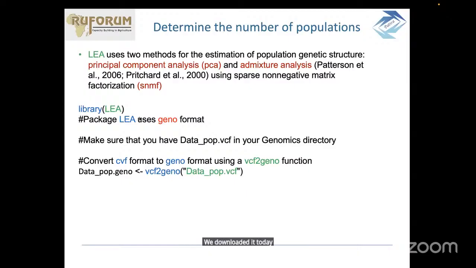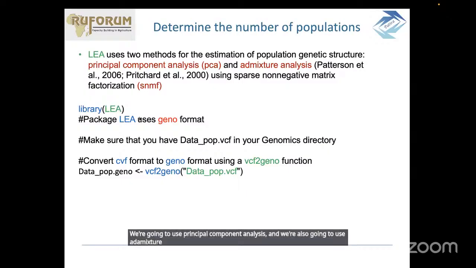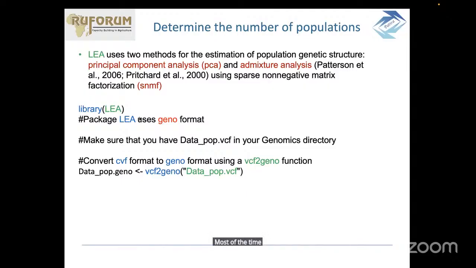today, called data_pop, and that's a VCF file. That VCF file we're going to use to do population structure. We're going to use principal component analysis, and we're also going to use admixture analysis. Most of the time when you do population structure, you have to show this admixture structure, and the person who introduced that is called Pritchard.